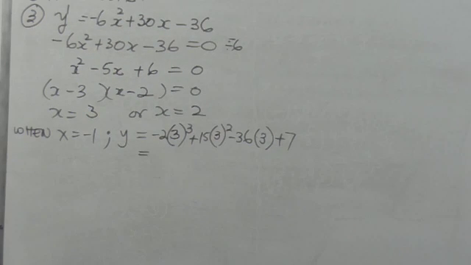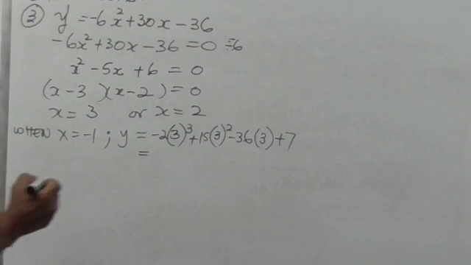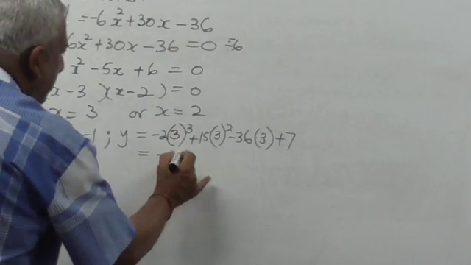Negative 2 times 3 cubed plus 15 times 3 squared minus 36 times 3 plus 7 is equal to negative 20. So you get negative 20.